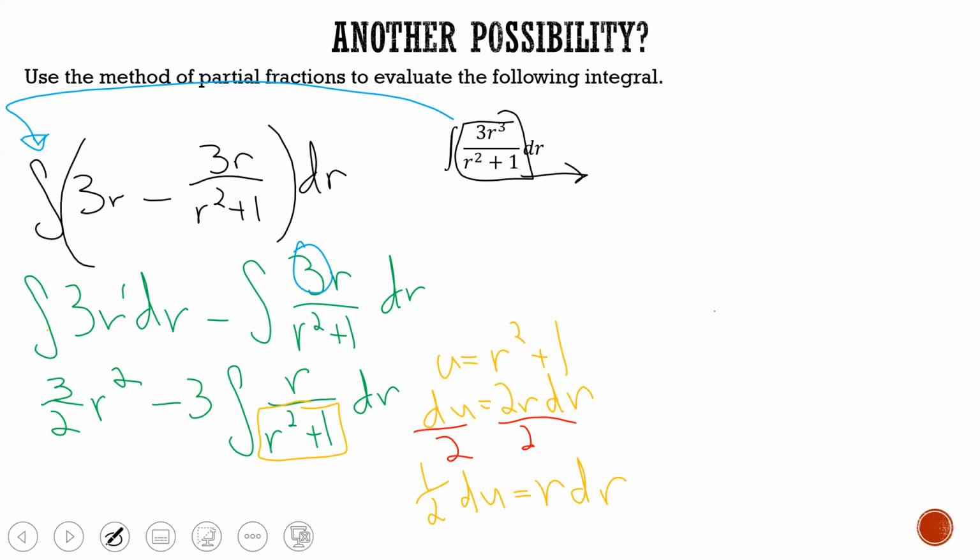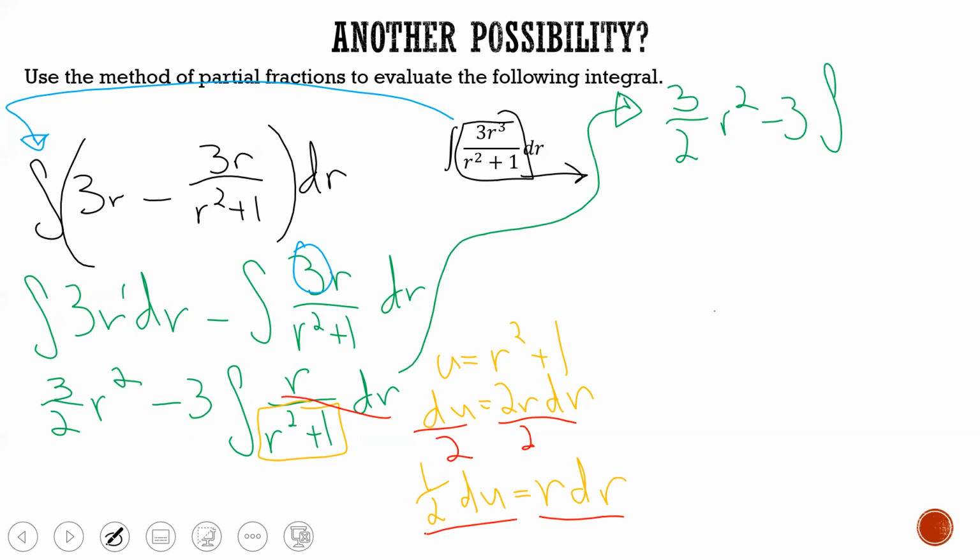All right, so now we're going to still have the 3/2 r squared minus 3 times the integral. Well, for r dr, we know we can substitute in our 1/2 du, and r squared plus 1 is equal to u, so we can substitute that in.